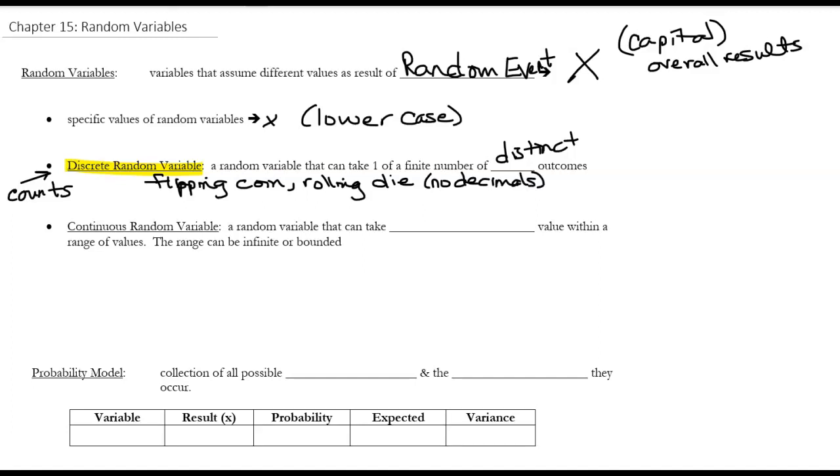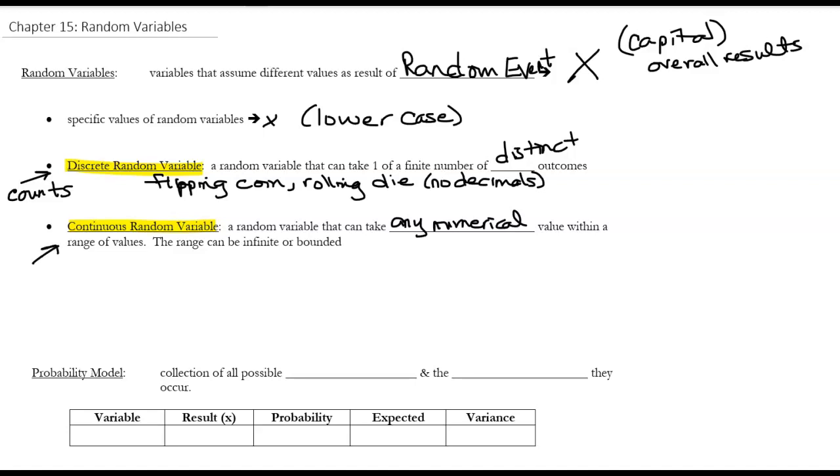Okay. And then a continuous random variable can take any numerical value within a range of values.